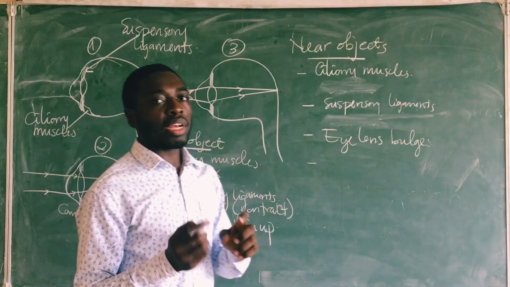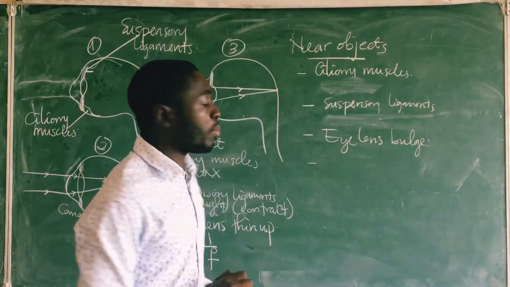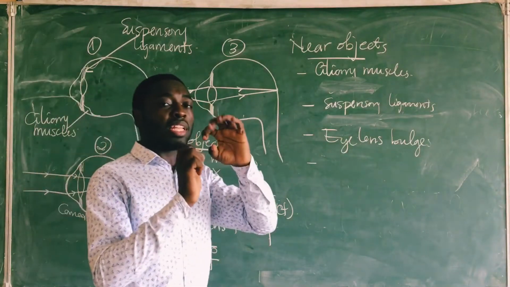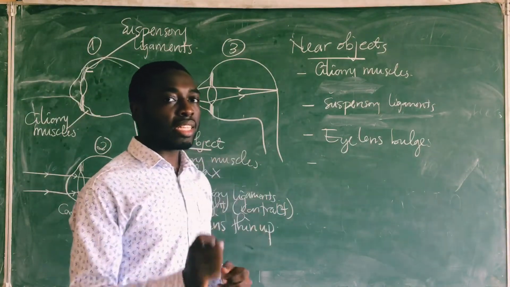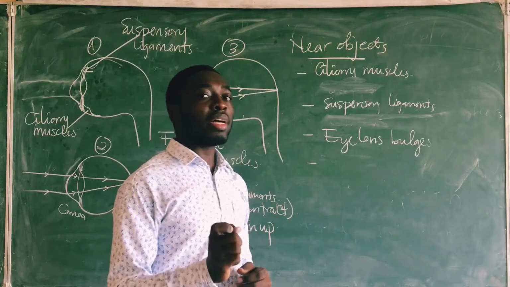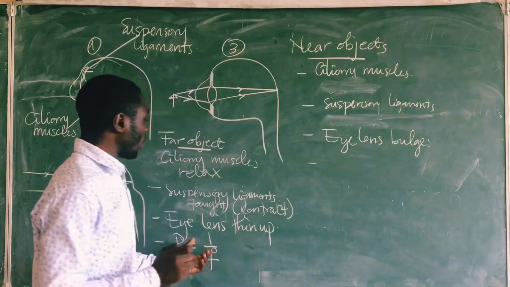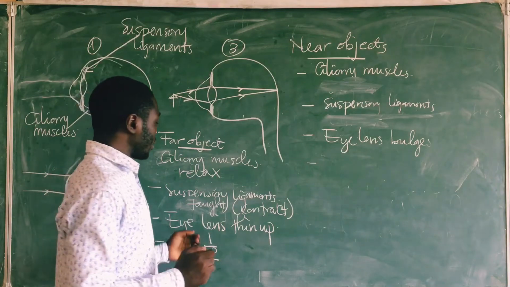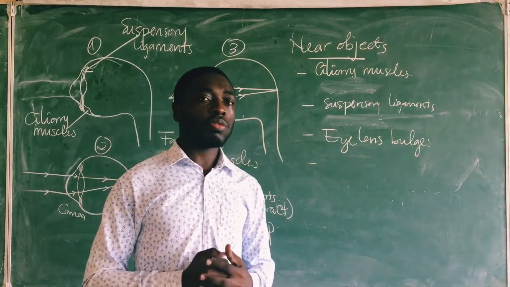And when they contract, they pull on the lens, thereby making the lens become thin and increasing its focal length. And remember that the power of the lens is given by the inverse of the focal length.